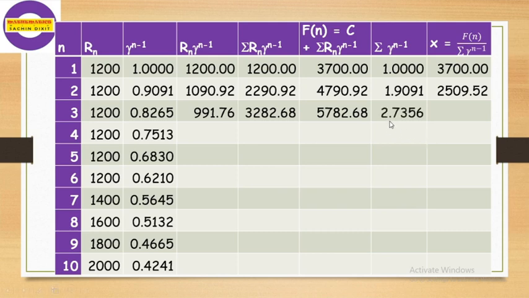So we get 2.7356. Then to find average cost for the third year, we have to divide 5782.68 by 2.7356. We get 2113.89.